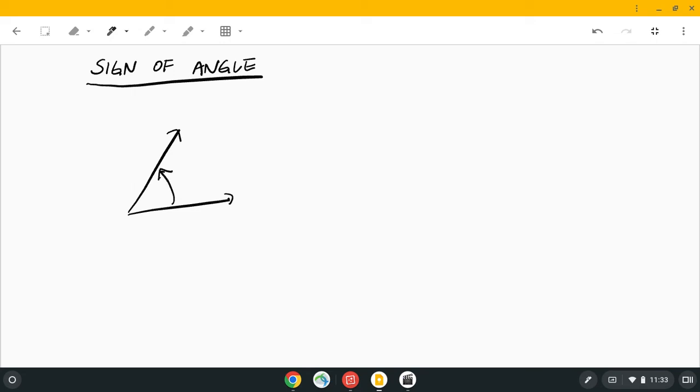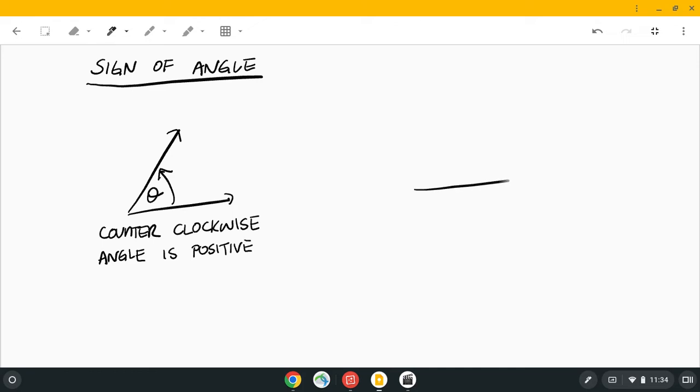All right, the sign of an angle. If you have your angle measured upward like this, so this is your angle measure theta, if it's counterclockwise, then your angle is positive. Okay?